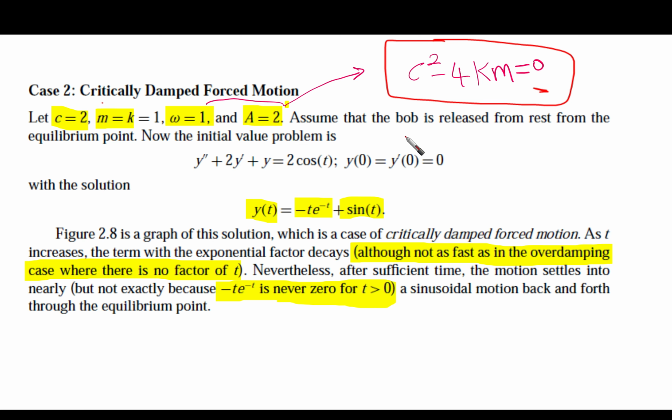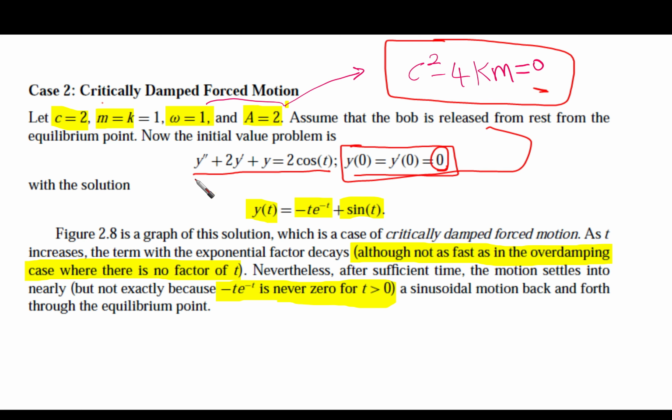Assume that the bulb is released from rest from the equilibrium point. This means that we have y of 0 equal to y prime of 0 equal to 0. And this is the solution for our equation, which is y double prime plus 2y prime plus y equals 2 cosine t.